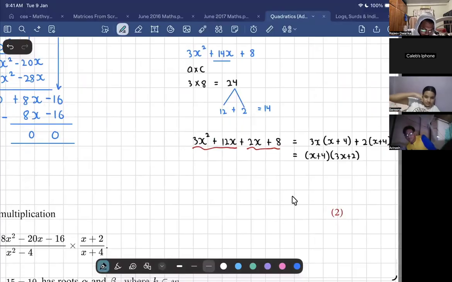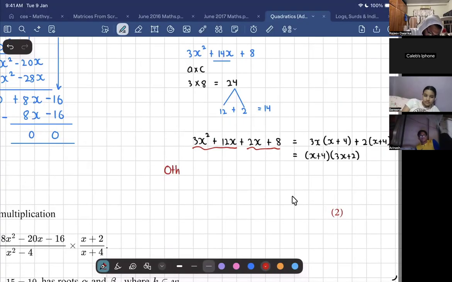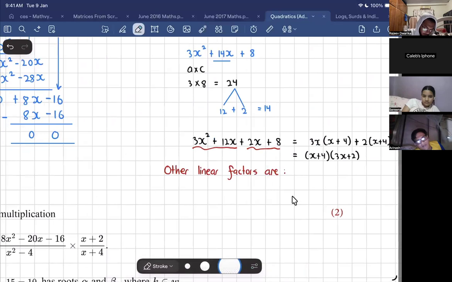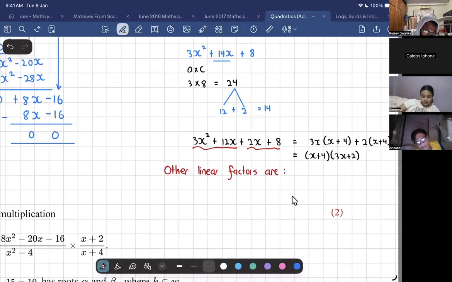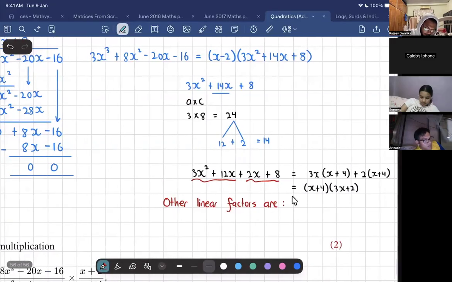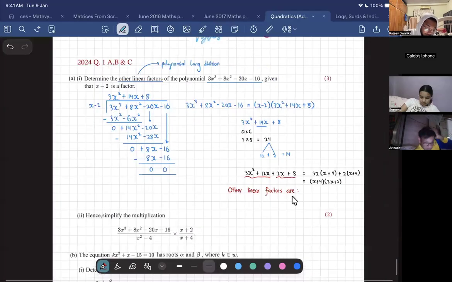So the other linear factors, let's write the answer. So the other linear factors are what? Caleb, what are the other linear factors? So they gave us x minus 2, right?